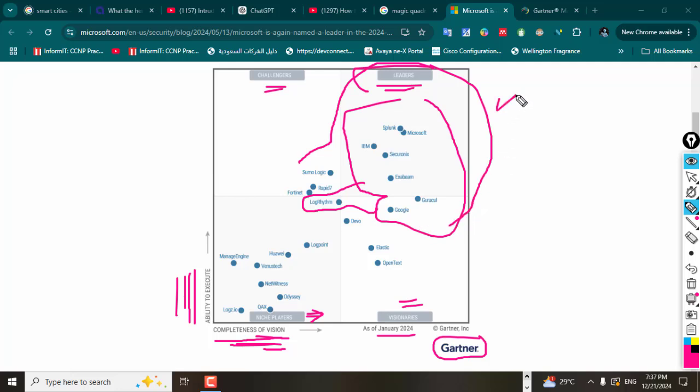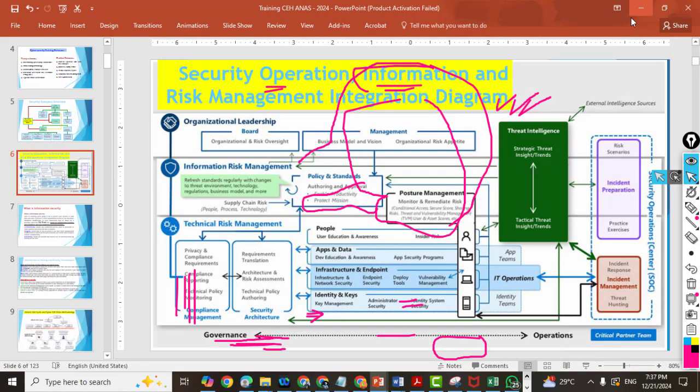Those are the top vendors in the market for SIEM technologies. That's just a brief about Gartner. Now let's return to our session. So why is SIEM very important? Because we have a lot of security controls. We have 100,000 logs.